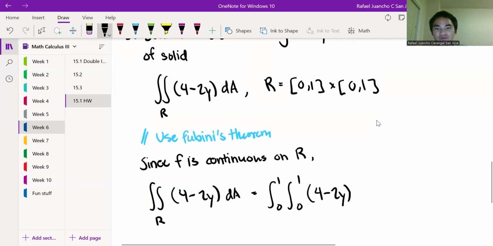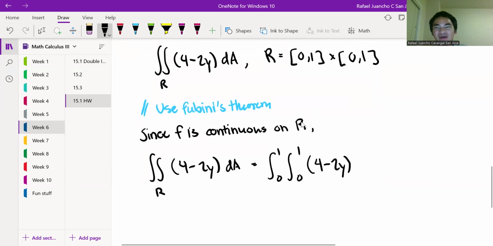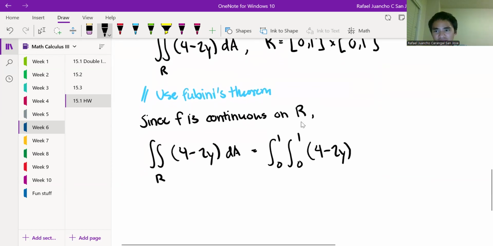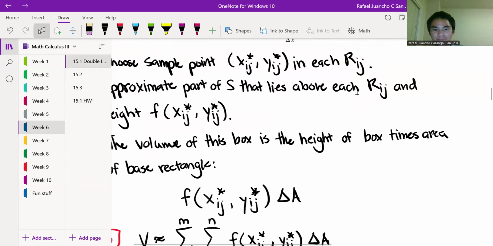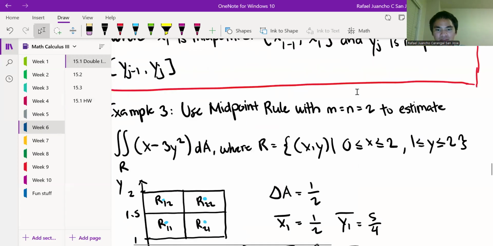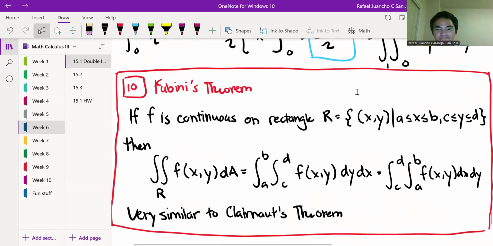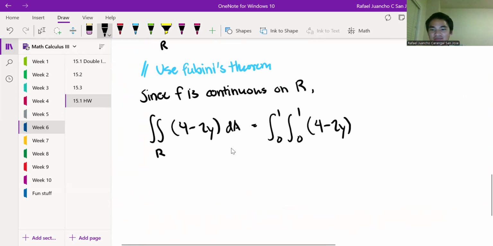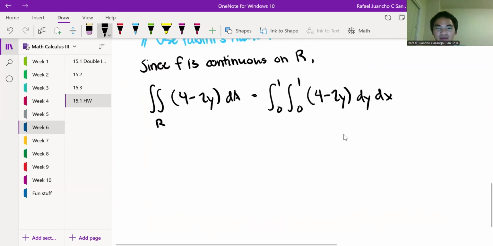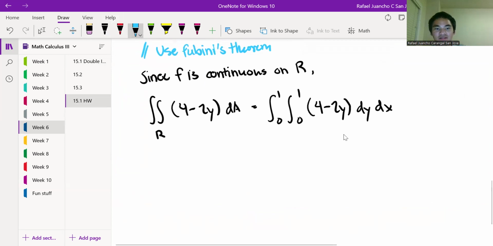Do we integrate it with respect to x first or with respect to y? In this case, it doesn't matter, right? Why is that? We could do dy dx first. We could do dx dy. It's the same thing. And now let's solve the iterated integral.